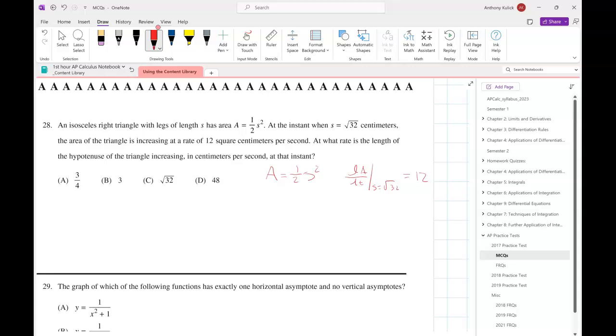So we're given that information, right? Everybody agree? First thing I would want to do, since I'm given a dA/dt, is I want an equation with a dA/dt in it. So I'll just take the derivative of both sides.